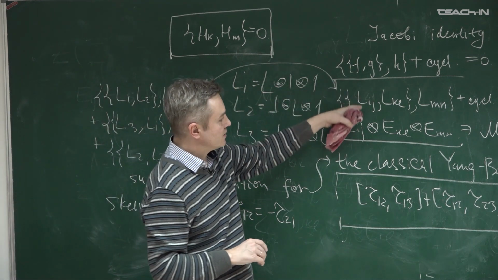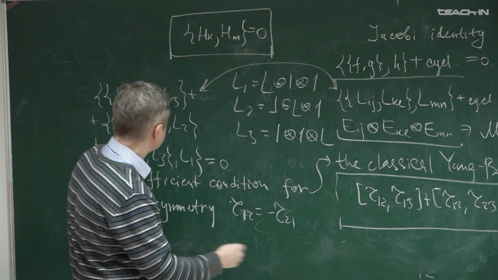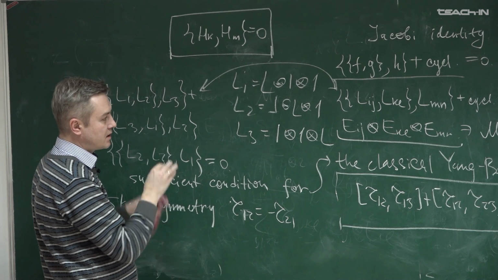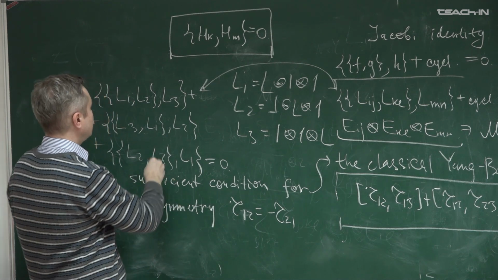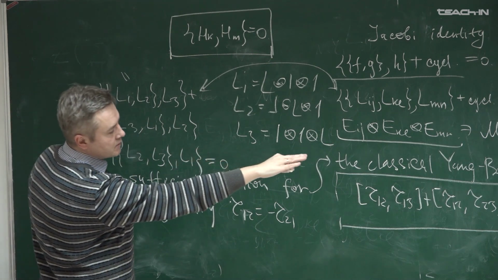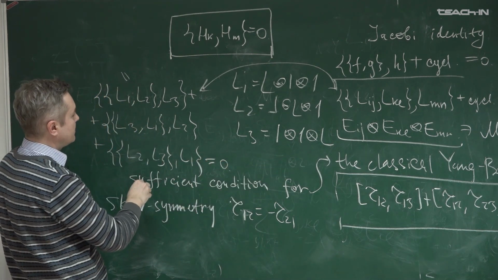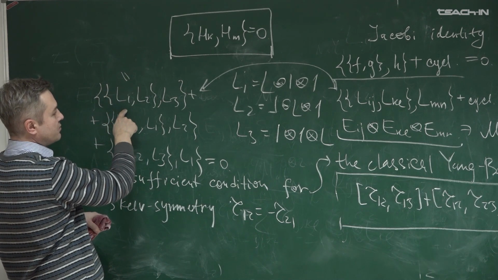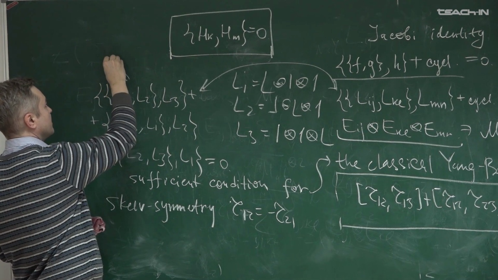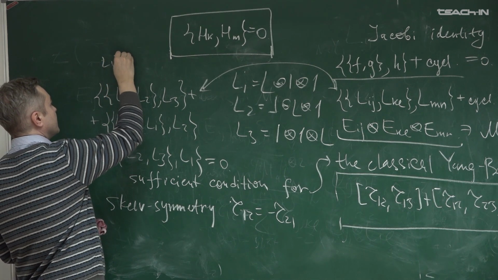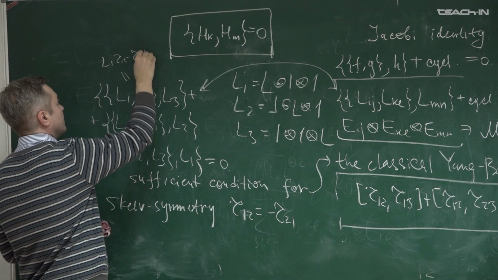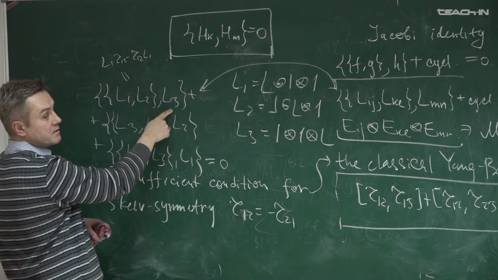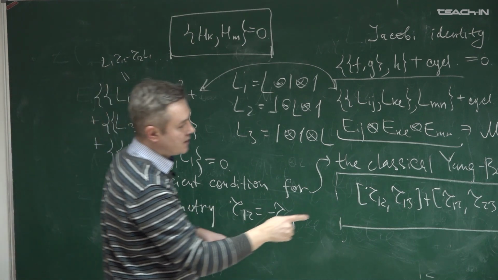So we write Jacobi identity, and I skipped some details, but if you substitute here what is written over there, then you will obtain some expression which consists of L and R. For example, you will have L1, R12 minus R12, L1, and so on, and then compute again the bracket of L1 with L3, and use it again.